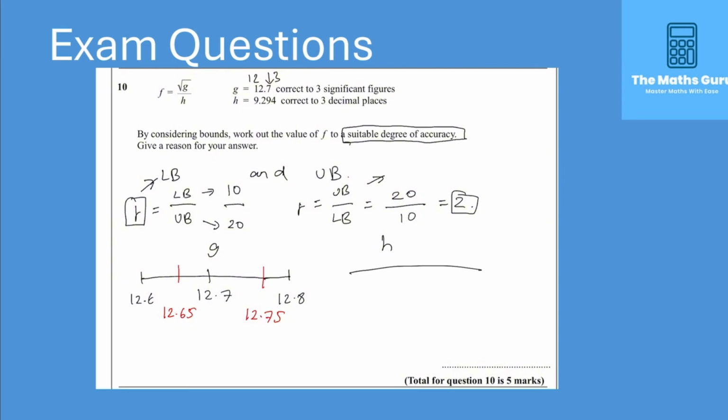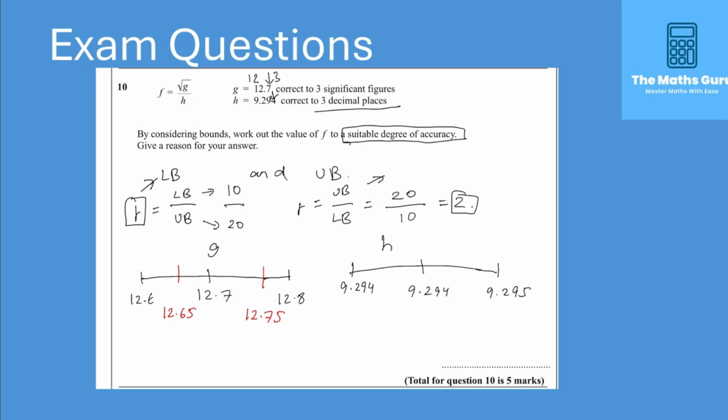So now let's conduct our bounds of h. We know that 9.294 is going to be our middle term. Then looking at our third decimal place is 4. On the right hand side, we're going to increase that value by 1, and on the left hand side, we're going to decrease that value by 1.